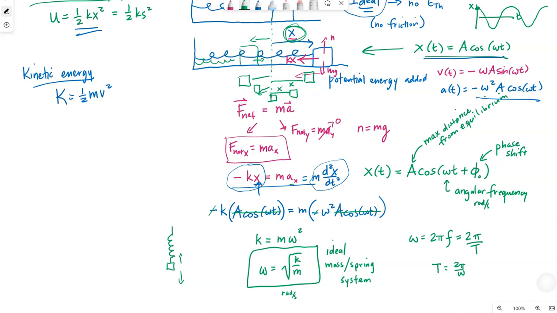If I plug in omega, I find that I could write this period as 2 pi, and I'm going to bring the square root up. When I do that, I end up with the square root of m over k. So the period, as a reminder, is the number of seconds for one oscillation.